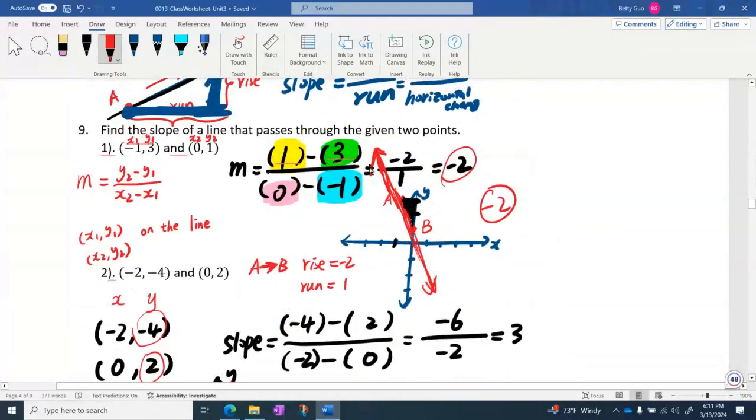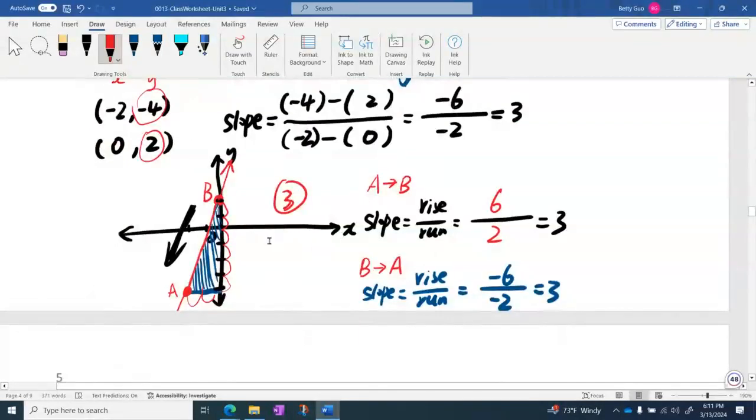Any straight line, if the line goes down, declines, the slope is negative. Vice versa, if a straight line has a negative slope, the line goes down. If we have a straight line that goes up, rises, then the slope is positive. If the line has a positive slope, then the line goes up.